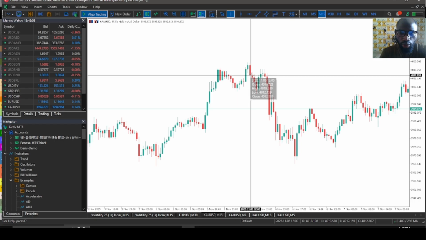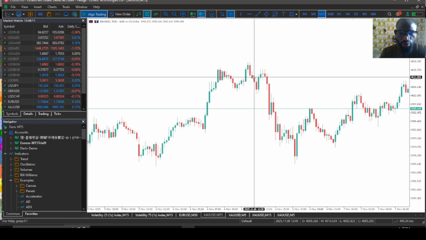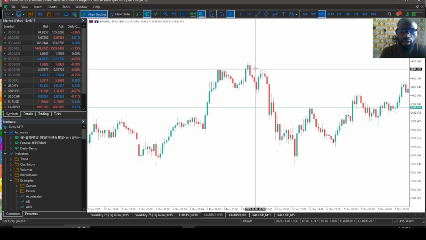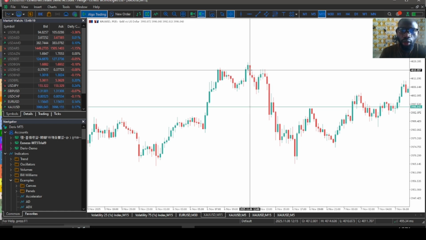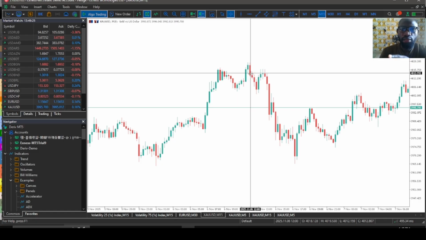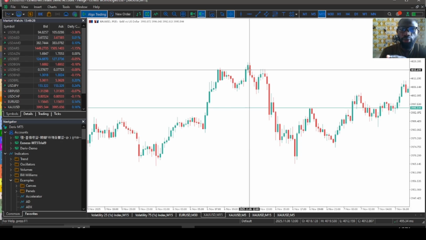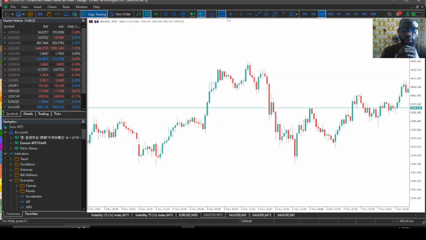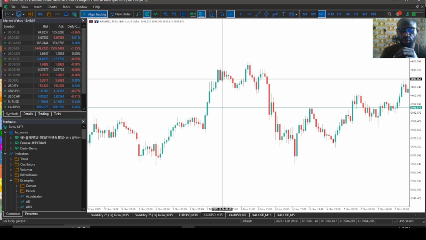The close of this bearish candle is at the bottom and the open is at the top. So the close of this bearish candle is below the open of this bullish candle. That's what we're going to do. We've done the same thing for this bullish engulfing candle. So let's proceed.